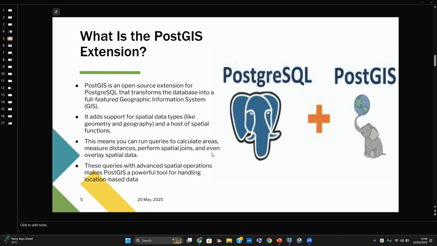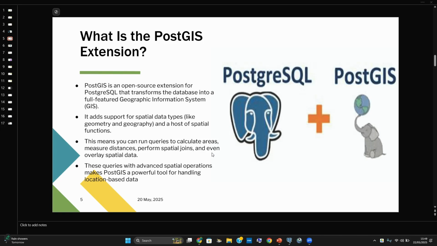And it hosts a whole array of spatial functions like contains, intersects, within, right? I mean, there are endless geospatial functions like those that the PostGIS extension allows us to perform directly in SQL in our database.